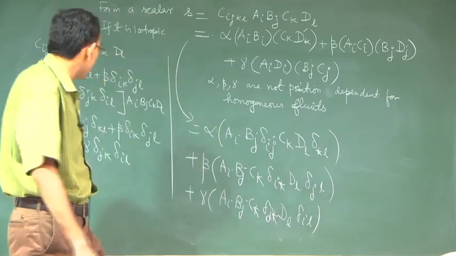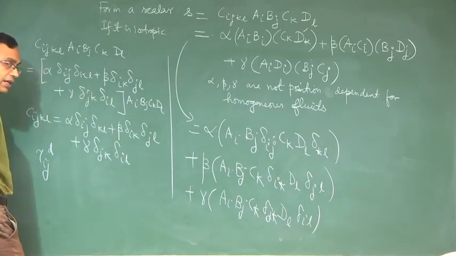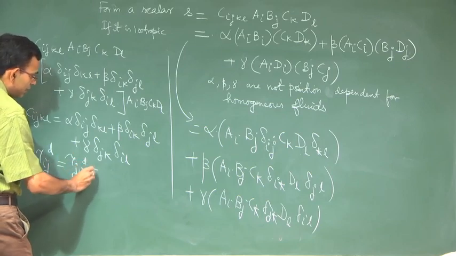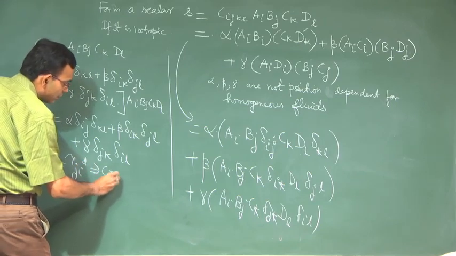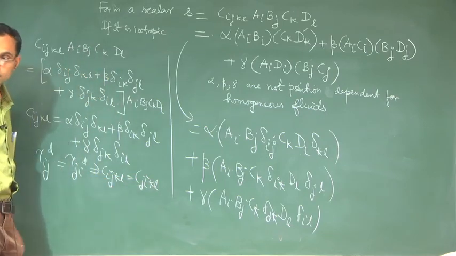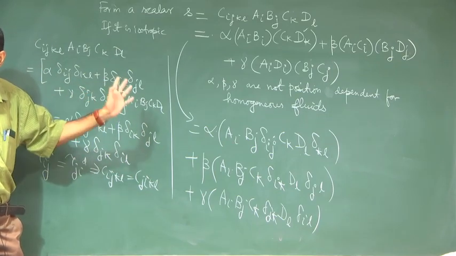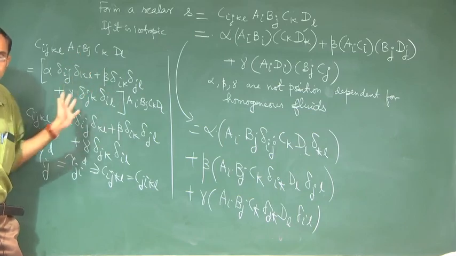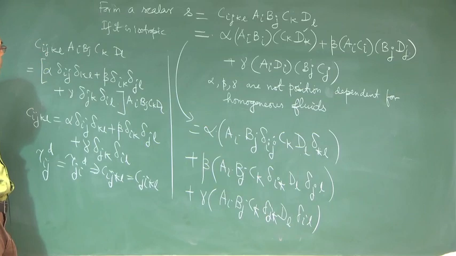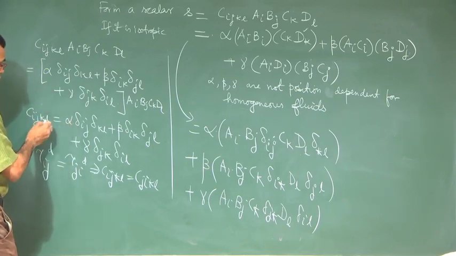So if that be the case, tau ij deviatoric, I am writing in short d, is equal to tau ji deviatoric. That means Cijkl will be same as Cjikl, because tau ij deviatoric is Cijkl Ekl. Tau ji deviatoric could be Cjikl Ekl. So Cijkl must be equal to Cjikl.